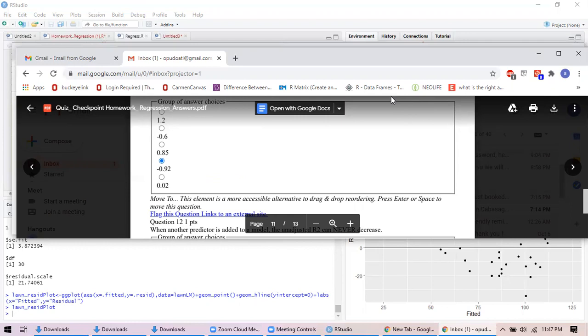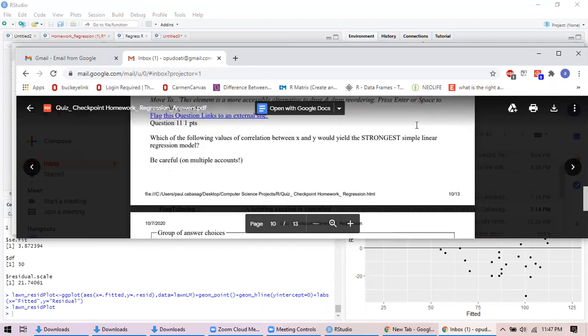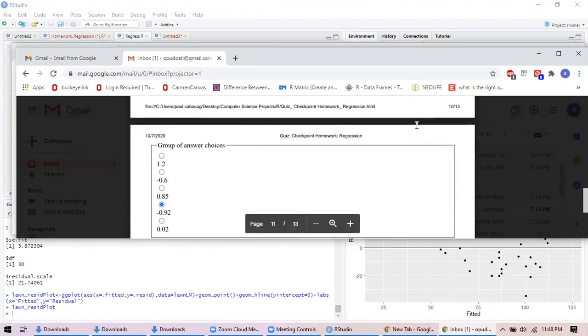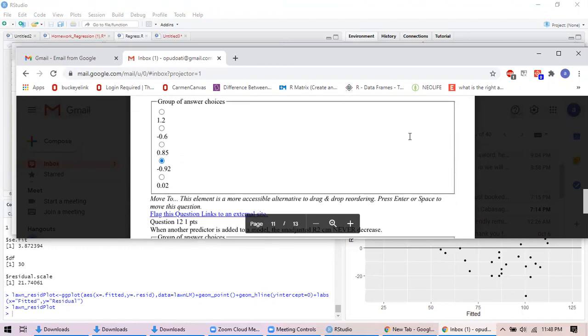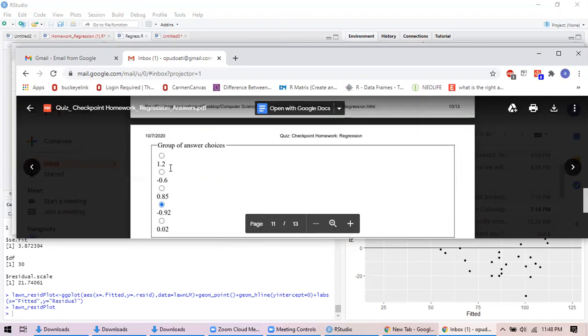If it's close to 0, the relationship is weaker. So which one is closer? I chose negative 0.92, but since it's between -1 and 1, the 0.85 is the stronger relationship. Do you get that one then?